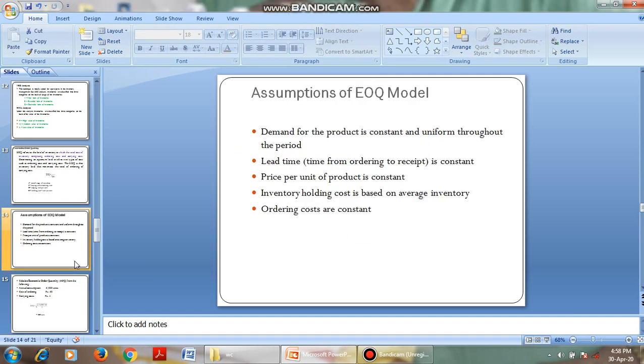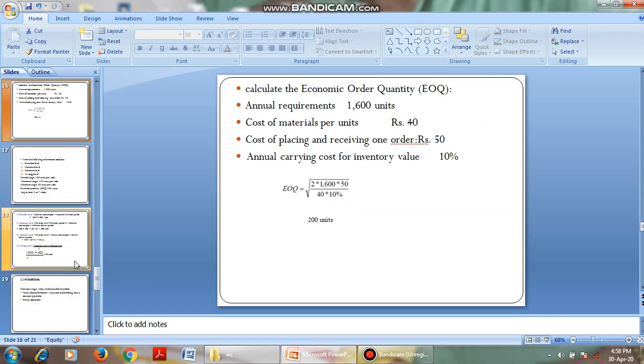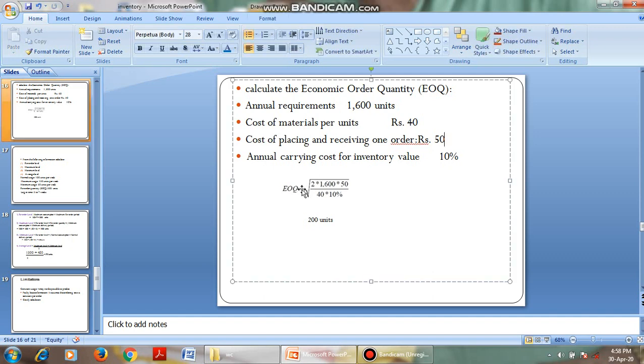Next we go for another problem. Here also the same. Annual requirement is 16,000 units. Cost of material per unit is 40 rupees. Cost of placing and receiving, that is, ordering cost, is 50 rupees. Annual carrying cost, this one under C, is 10% of the cost of material per unit.